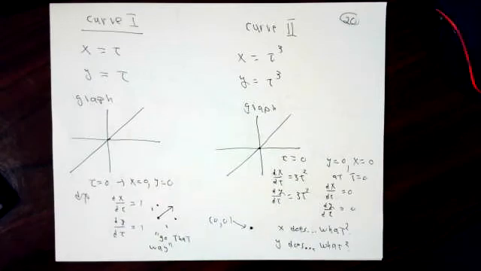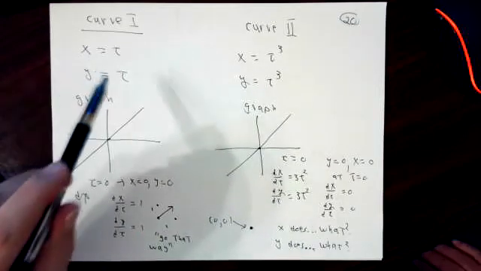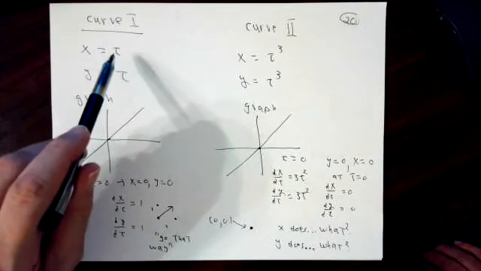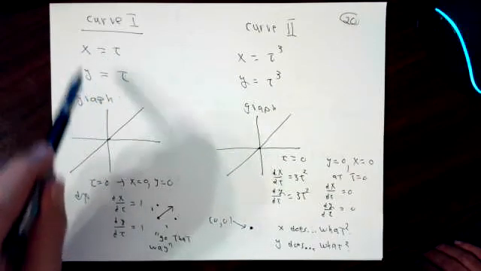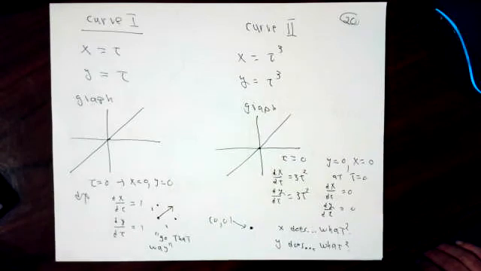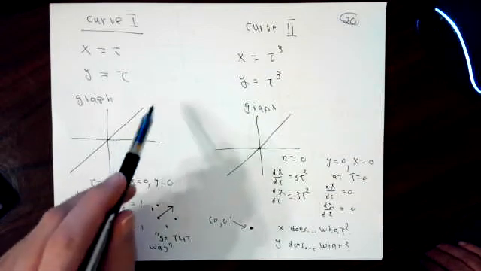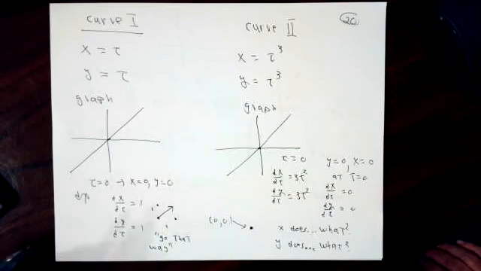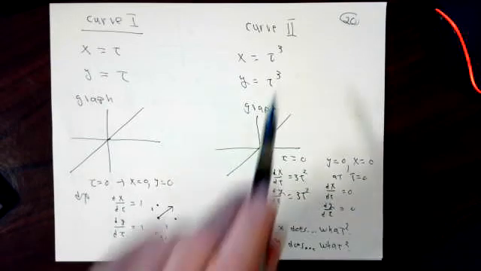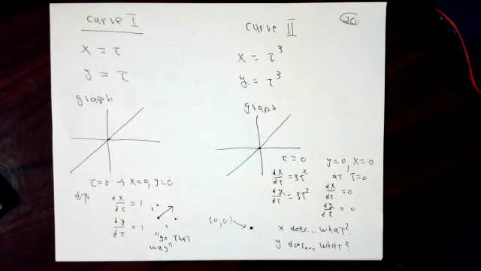t can take on all real values. x is t and y is t, so x and y are the same thing. The picture is the graph of y equal x, which is a straight line that passes through the origin, slope 1. Over here, curve number 2, x equals t cubed, y equals t cubed.